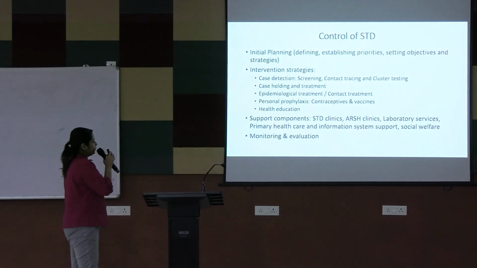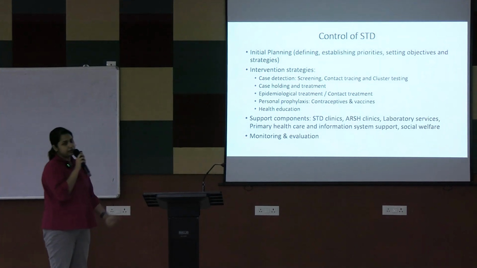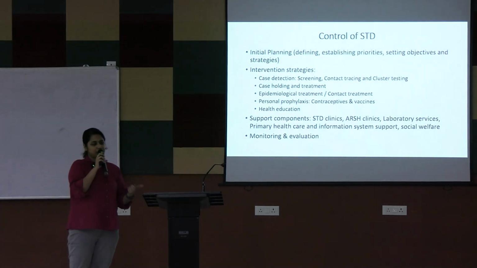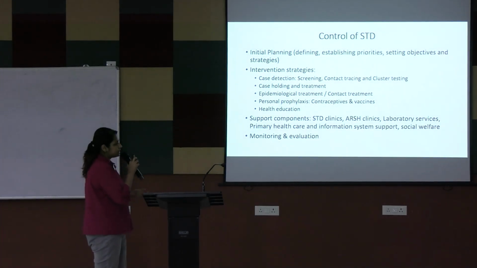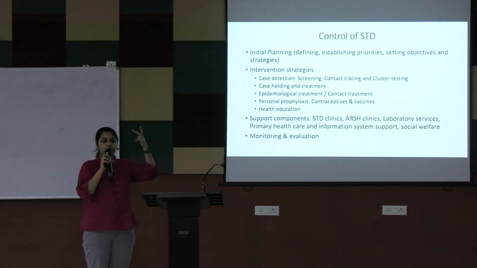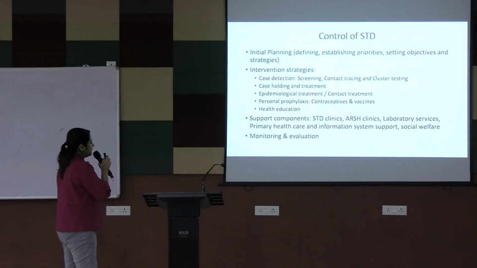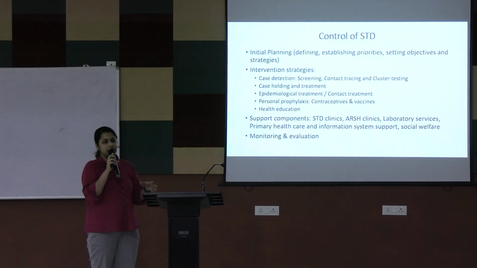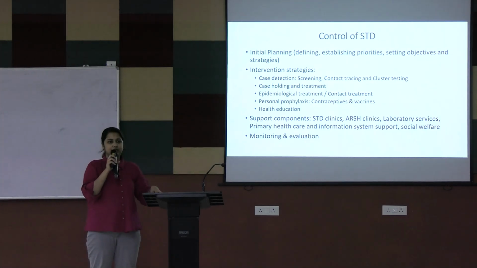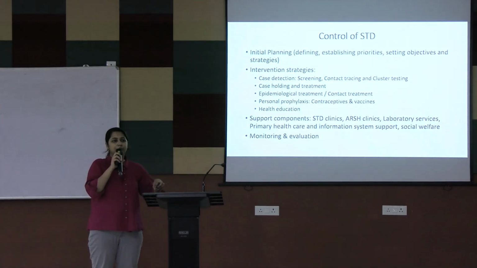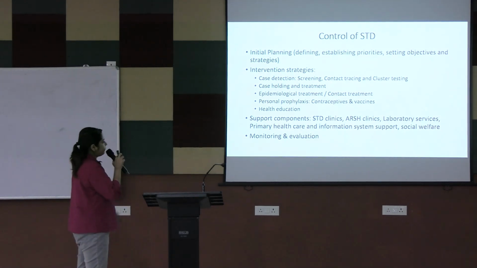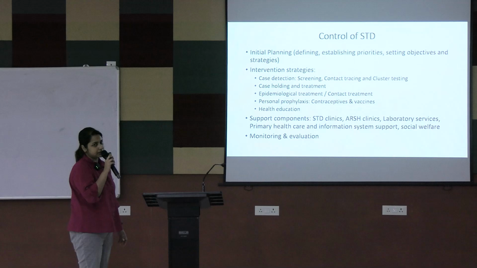What are the support components? STD clinics are there, ARCH clinics or Ornesha clinics are there. Laboratory services should be upgraded to detect all these different STDs. Primary healthcare and information system support should be there. That is, all these facilities should at least be basically available at all primary healthcare so that it is accessible to all the patients. And finally, social welfare schemes.